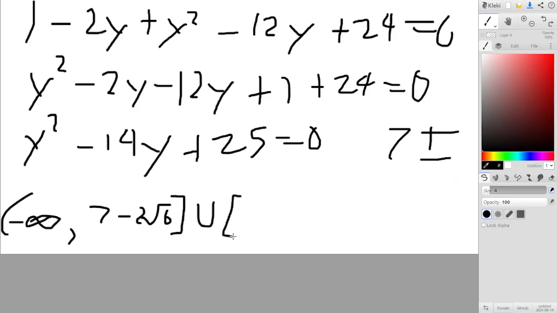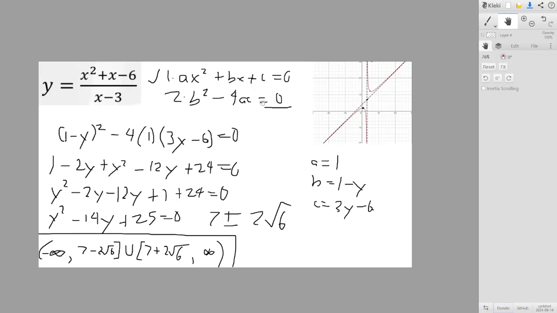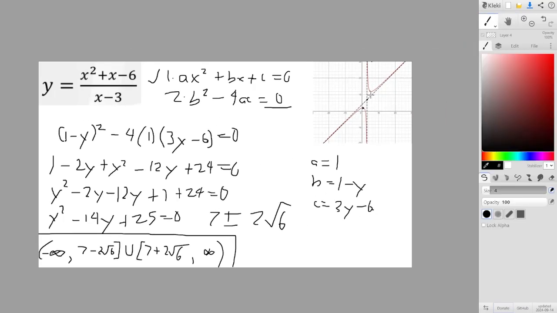So that would be 7 plus 2 square root of 6. Obviously, again, this value is included, comma positive infinity. And this is the range of this rational function that has a slant asymptote and just a vertical asymptote as usual.